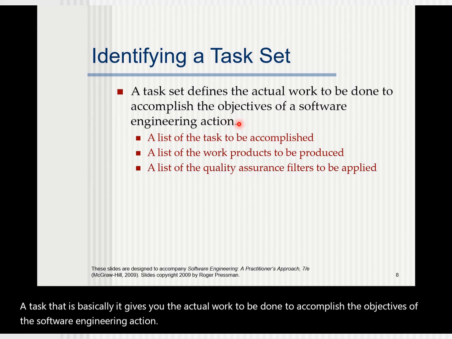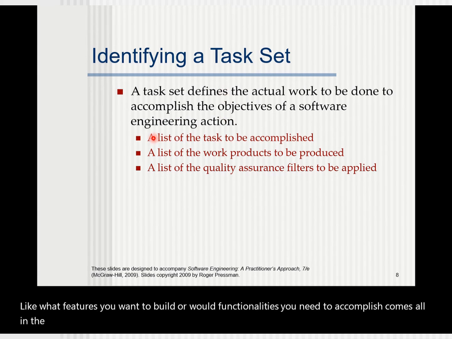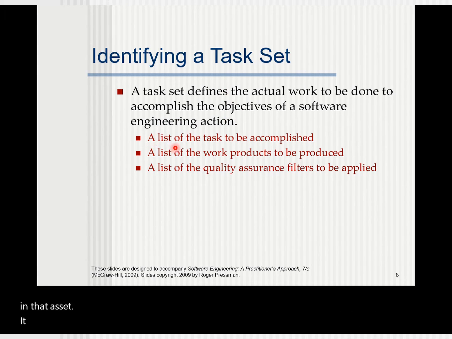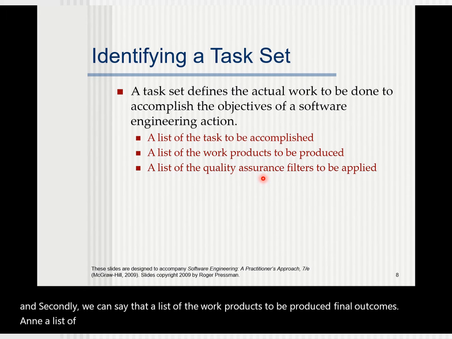Like what features you want to build or what functionalities you need to accomplish comes all in the task set. It encapsulates a list of the tasks to be accomplished, and secondly a list of the work products to be produced, the final outcomes, and a list of the quality assurance filters to be applied.